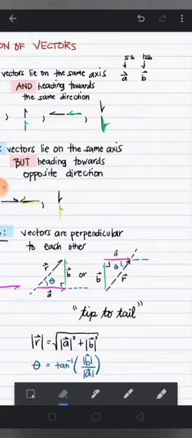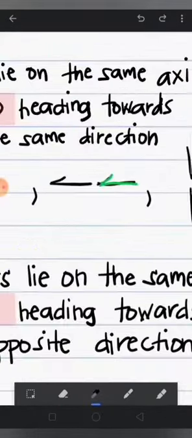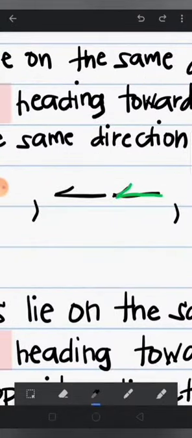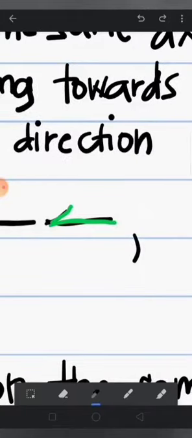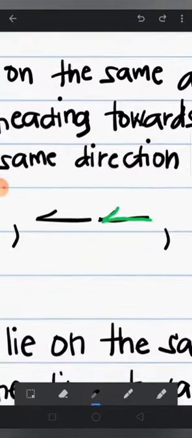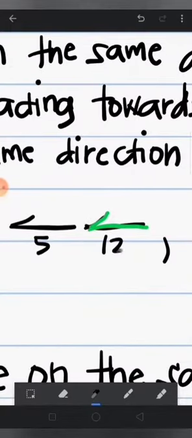For the second one, let's try this. Since they are both heading towards negative, negative this vector plus negative of this vector will give us a negative answer. Let's say this is 5, this is 12.